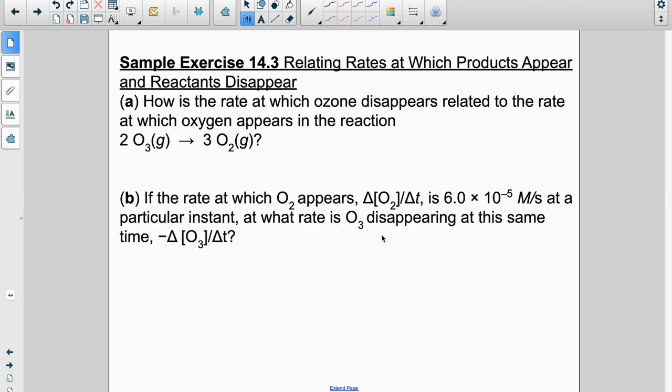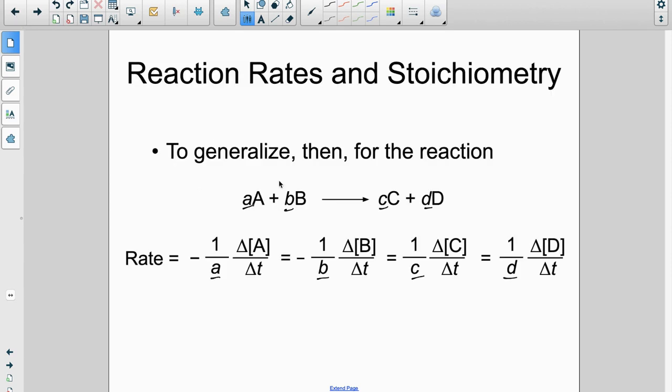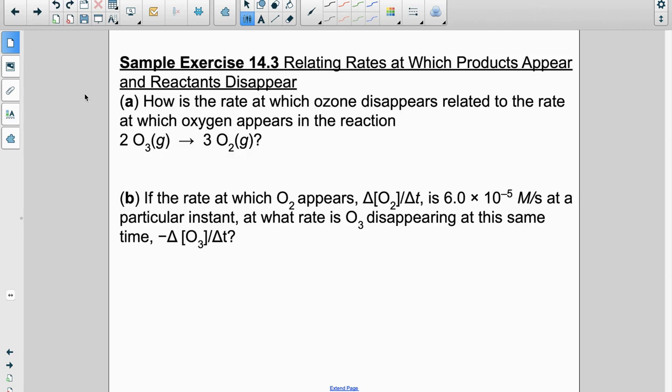All right, so in this sample exercise, it says, how is the rate at which ozone disappears related to the rate at which oxygen appears in this reaction? So basically, they're asking, how are these rates related? Can you write something like this for the stuff that is in this balanced reaction? Yes, we can.